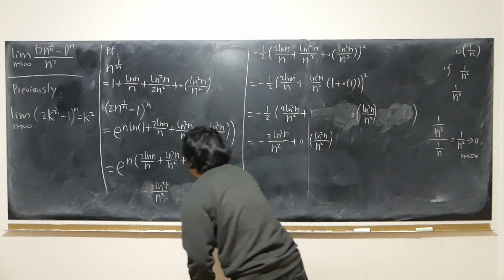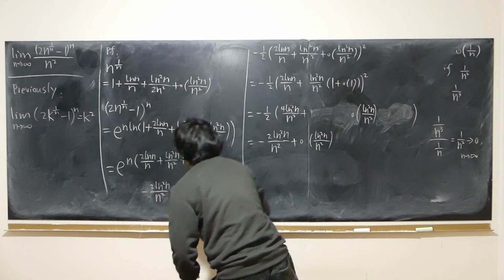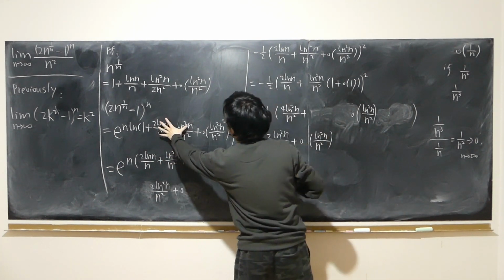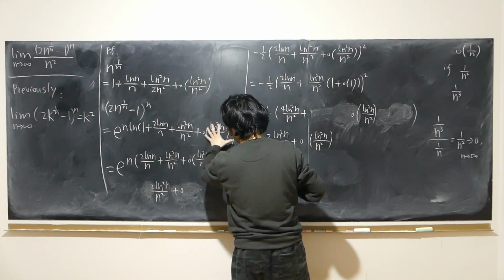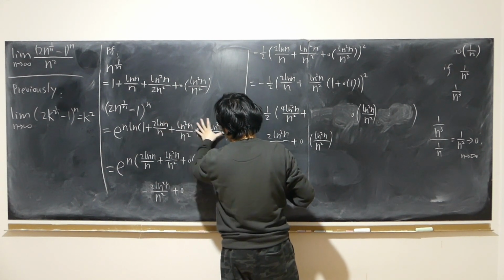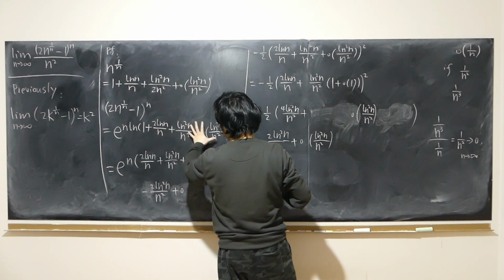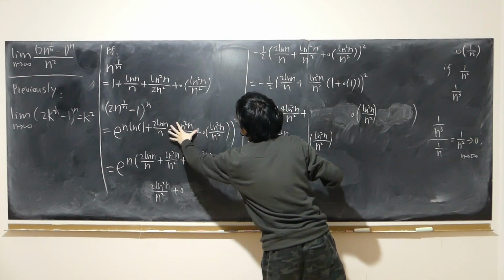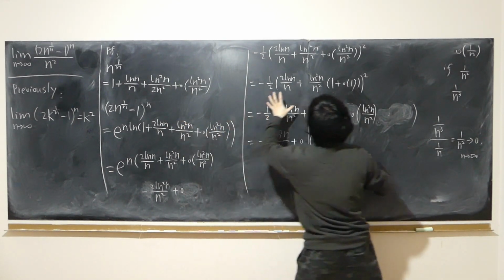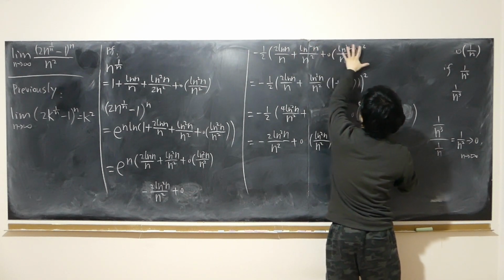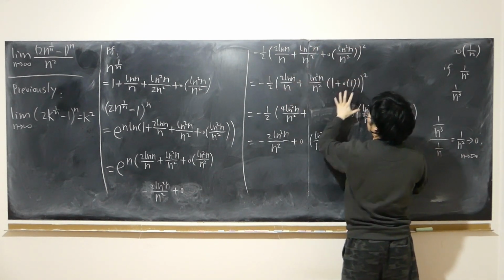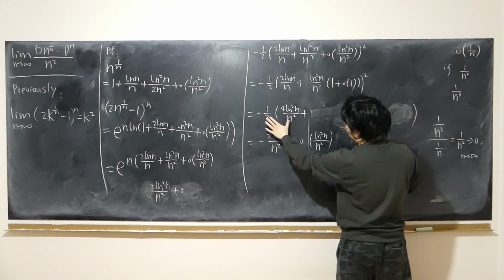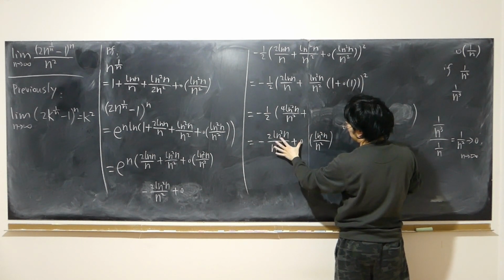Then we have to plus little o of this whole thing square. Right, what is this? Right. So like I said, this whole thing square is equal to this, right? Equal to that, equal to this, equal to that.